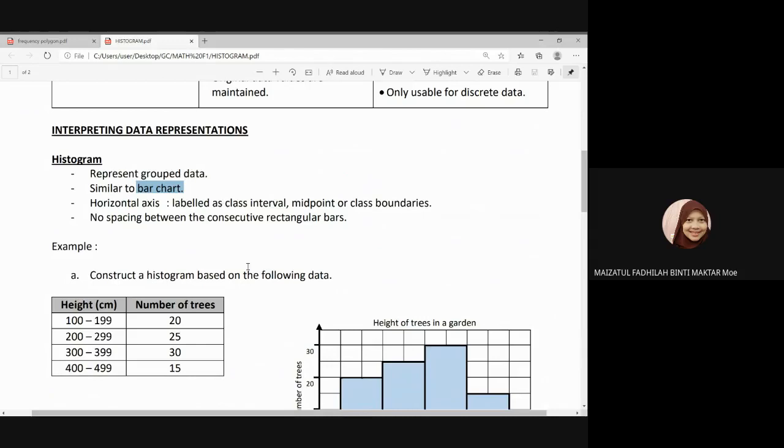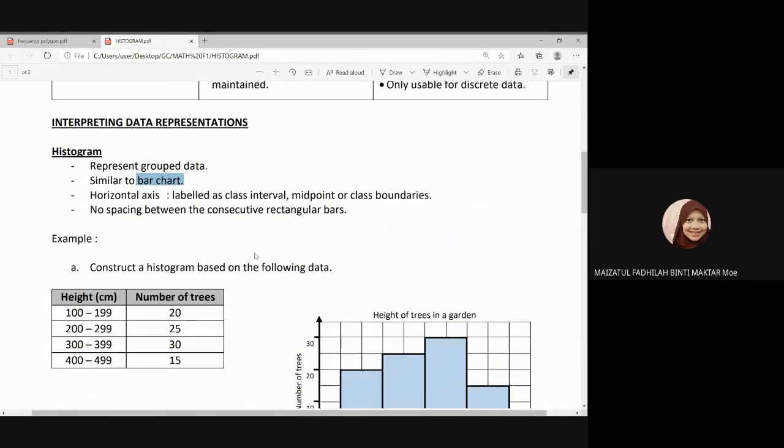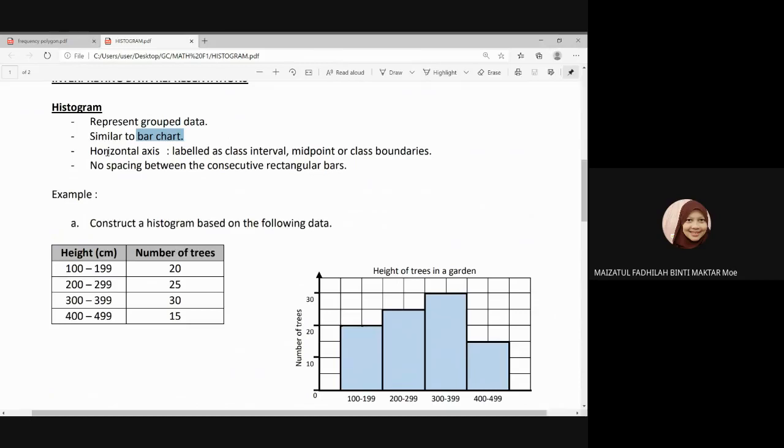On the horizontal axis, the label is the class interval, midpoint or class boundary. For a histogram, there is no spacing between the consecutive rectangular bars.